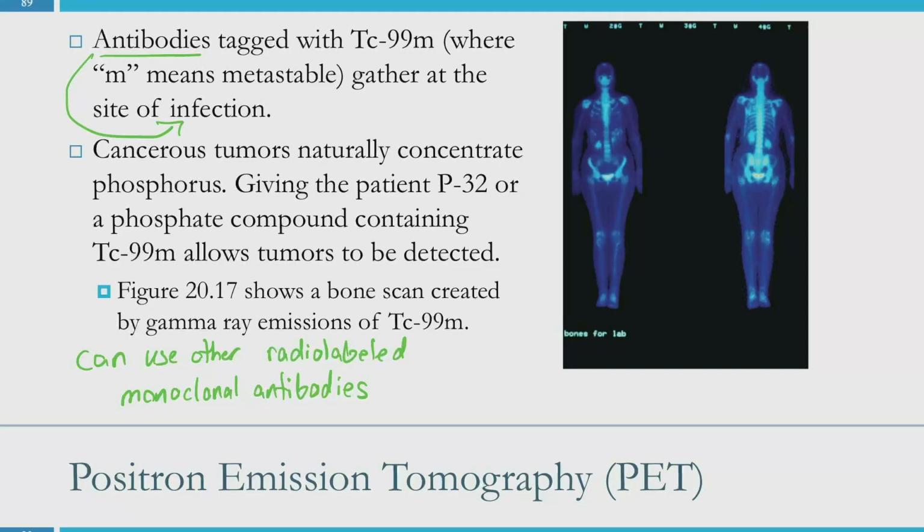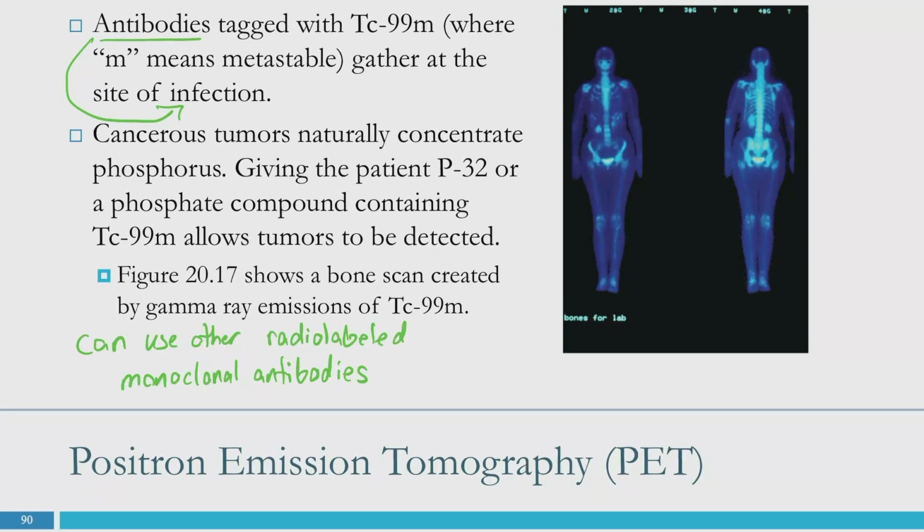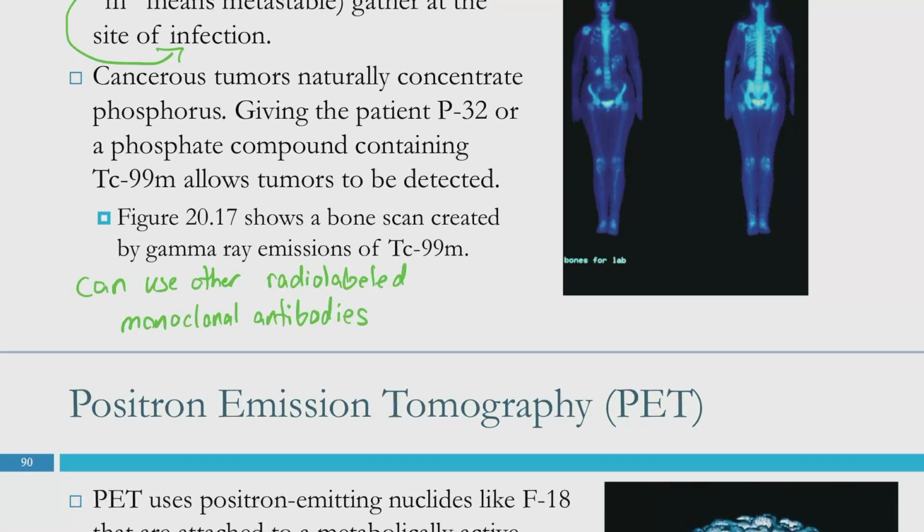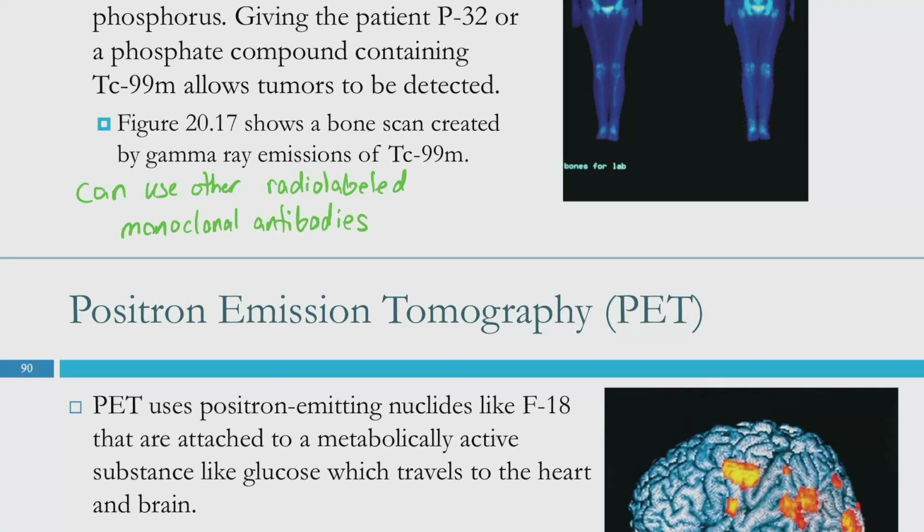So the cool thing about antibodies and monoclonal antibody treatments is that they're extremely specific if they're well designed, which anything that you're going to put in your body is going to be extremely well designed. And so they will go to whatever site they're designed to go to, and they will only go to that site. They'll only bind to that particular target, whatever it is that they're designed to do. And the radio-labeled part, it just kind of tags along for the ride.